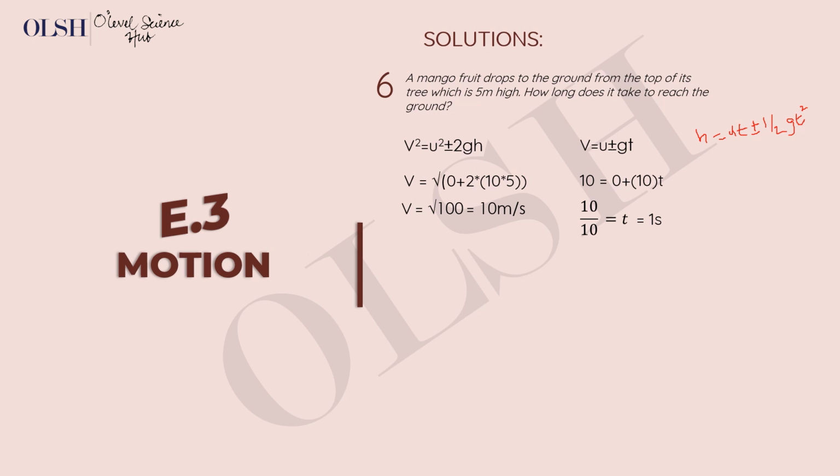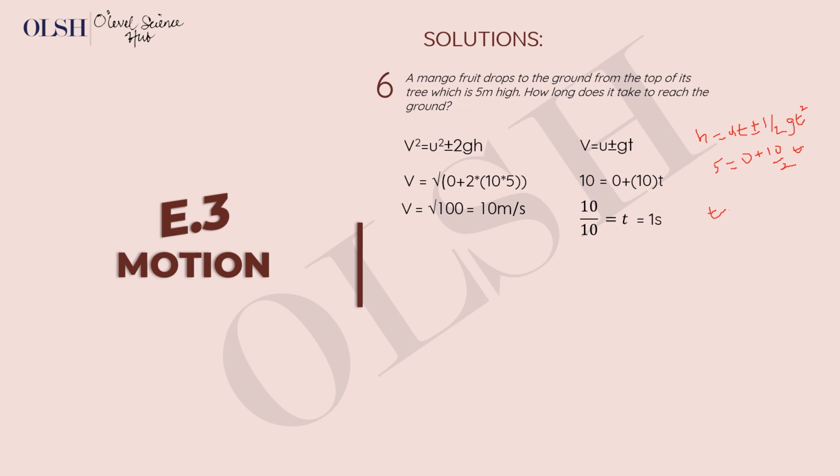So basically what we're going to have will be 5 equal to 0. We're using plus because it's a fall that goes in the direction of gravity. So this is going to be 10 divided by 2t. So basically what we have is 5 times 2 divided by 10 to be t, or you can say 10 divided by 2 is 5.